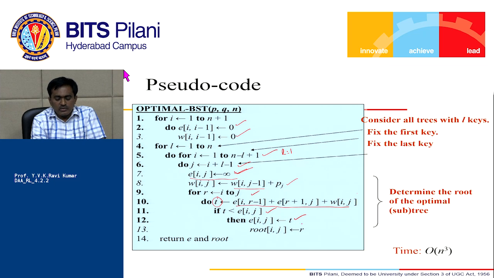Then whatever r that we have taken is the root of the optimal binary search tree, so it returns the total cost incurred, which is optimal, as well as the root here. So like this, this part explains how to find the root of the optimal subtree, and also it gives the optimal cost incurred on the construction.